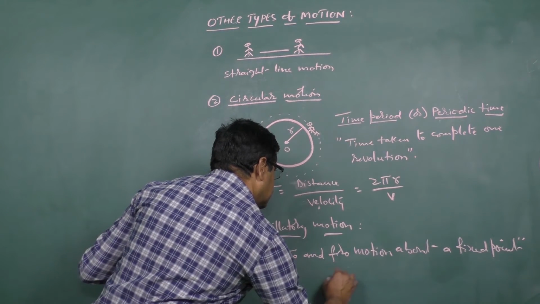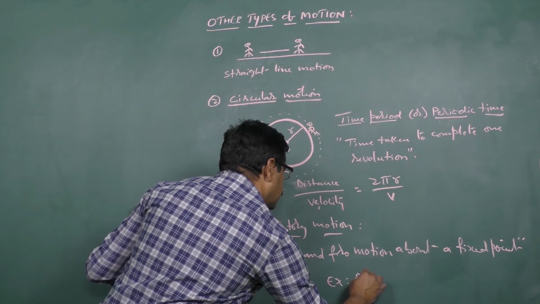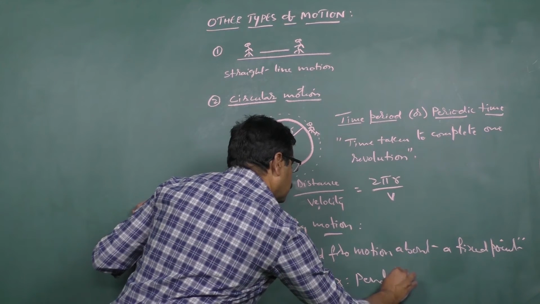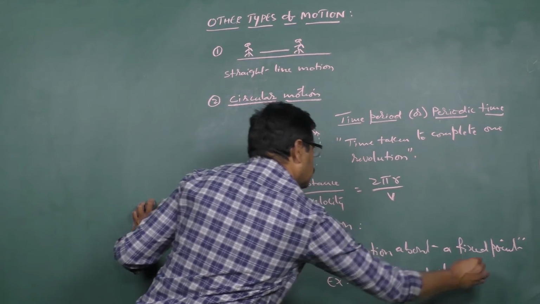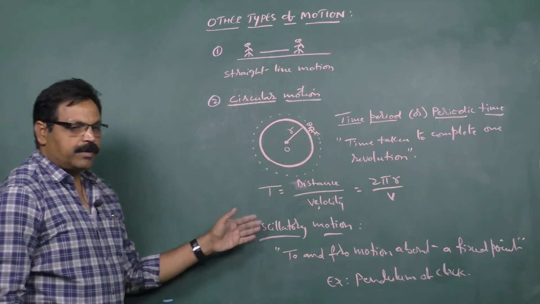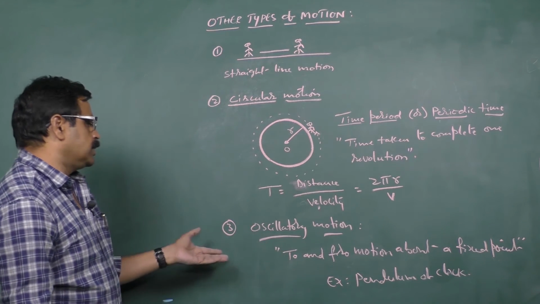For example, you can take the pendulum of a clock. To complete one oscillation, we call it the periodic time.